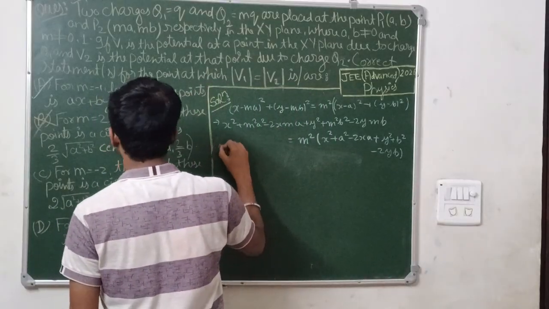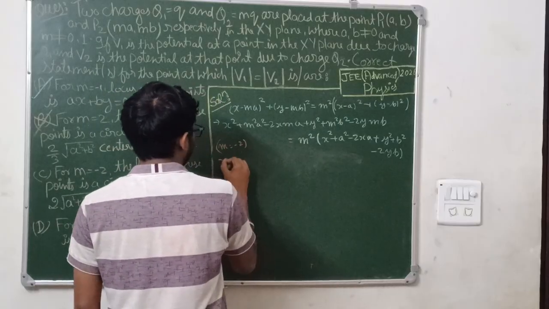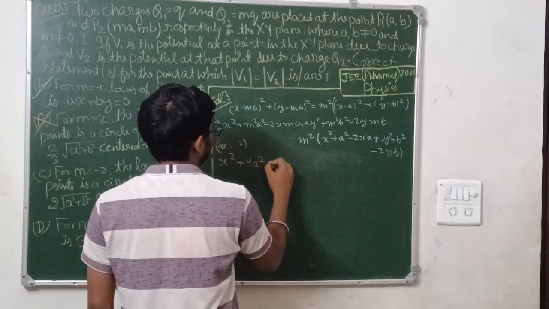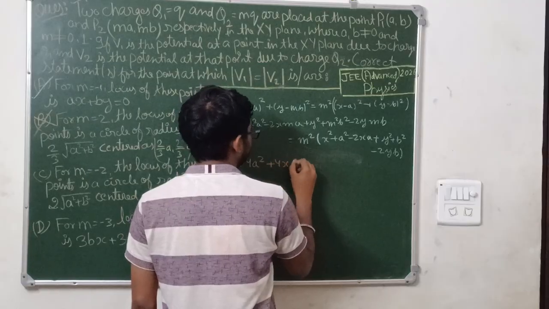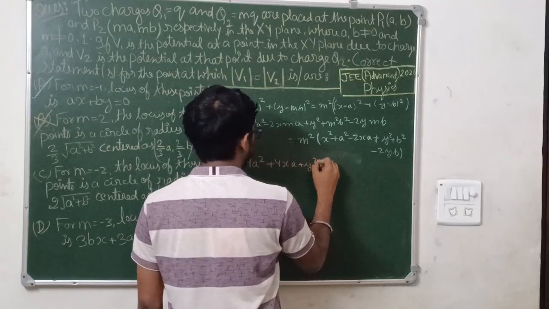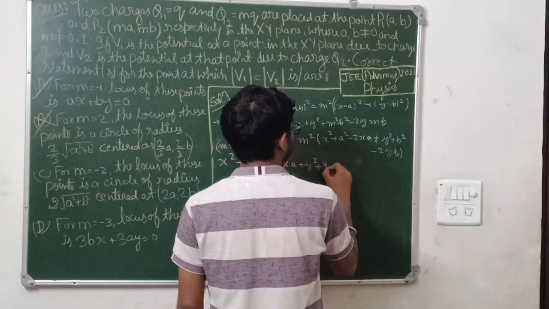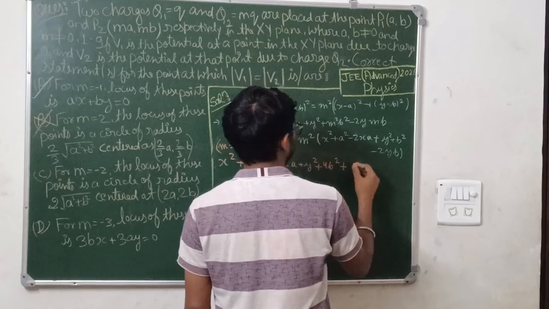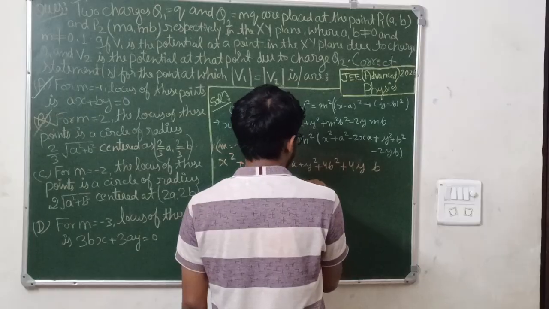So for m is equal to minus 2, if you substitute, x square plus 4a square plus 4xa plus y square plus 4b square plus 4yb is equal to m square.